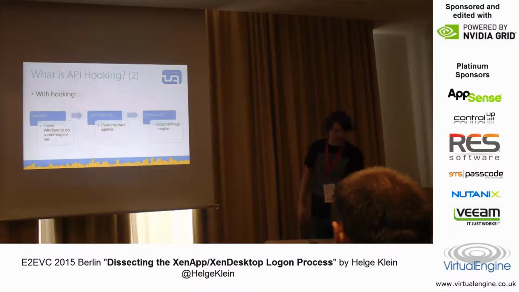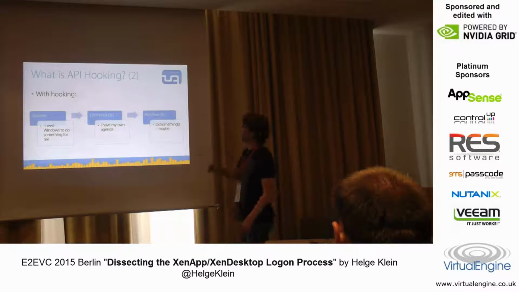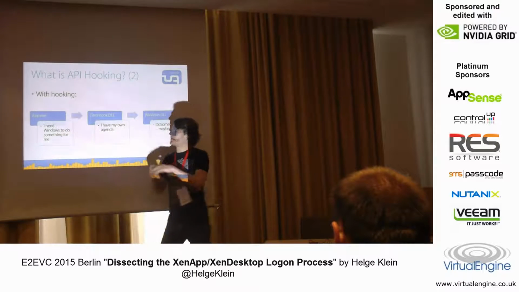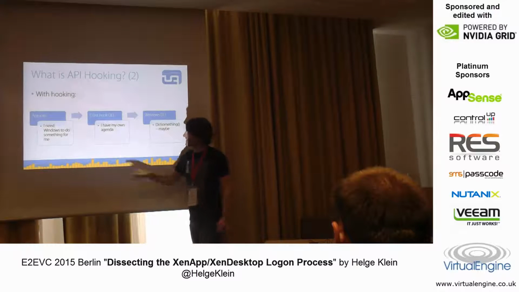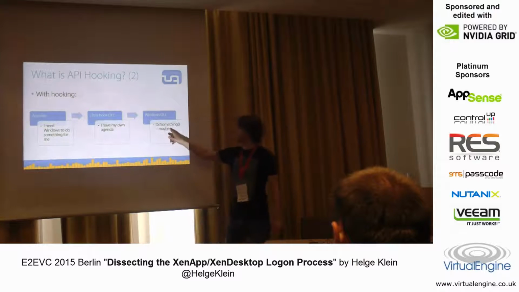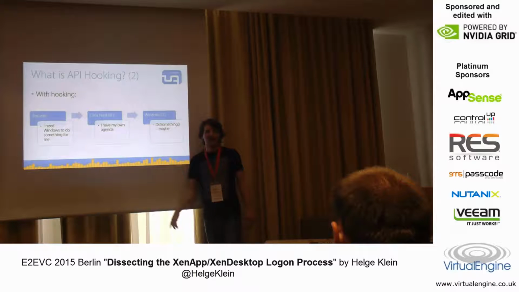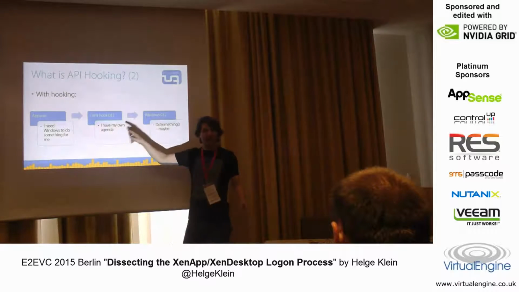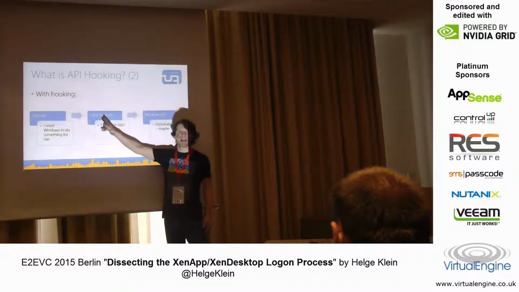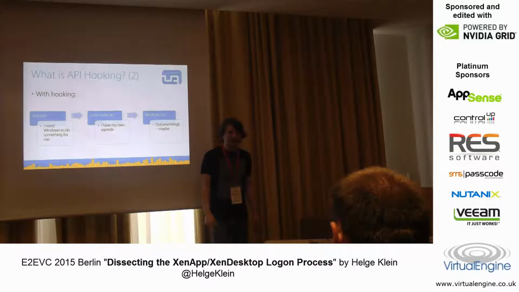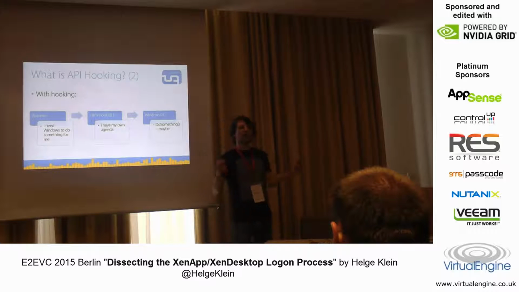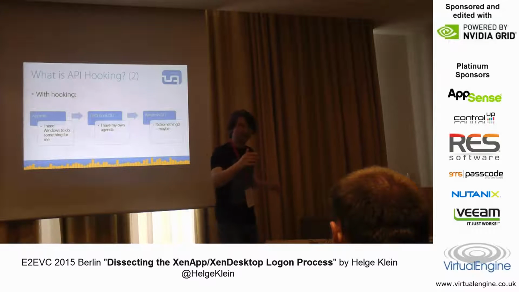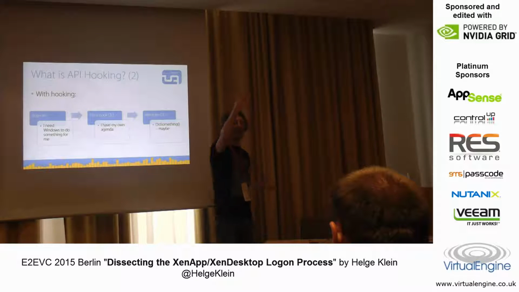Now with API hooking in place, the hook changes what the application is doing. The application thinks it's calling this DoSomething function in the Windows DLL, but in reality, the application is calling a hook function, in this case in the Citrix DLL. So it's like I want to talk to someone at the back, and I'm talking to you, without noticing that it's not the guy in the back.